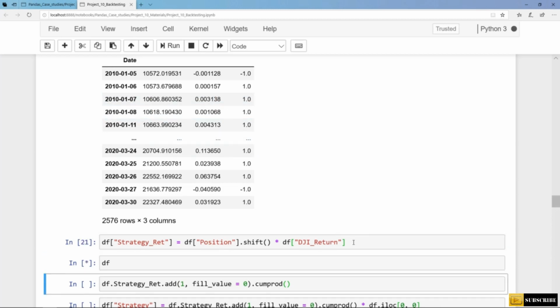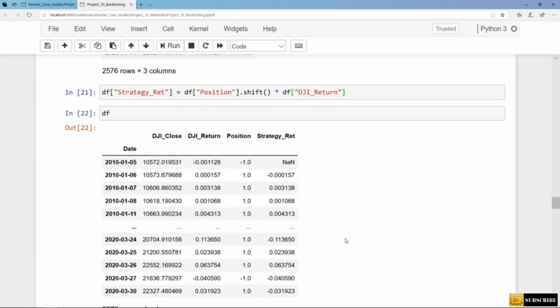Let's run the cell and let's have a look here. And for instance, on the 5th of January, we had a negative return, and therefore the position for the next day is -1. And on the next day, the actual return of the Dow Jones is positive, but the return of our strategy is negative because we actually had a short position on that day.